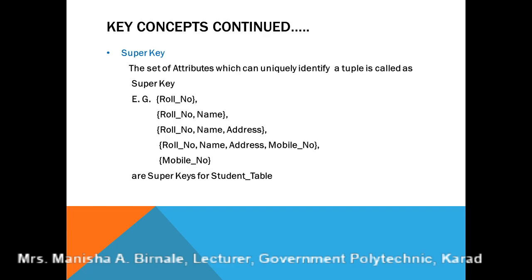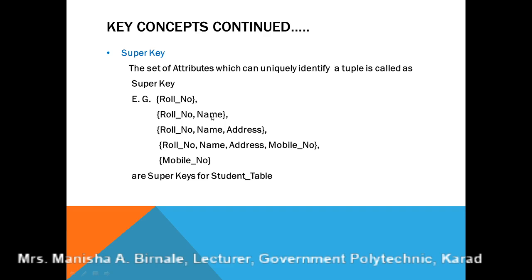So what is meant by an extraneous attribute? Here in the second super key, you can see roll number comma name. It is also a super key. But we know that only roll number is also a super key. So for identifying each record from the table, only roll number is sufficient. So here name is an extraneous attribute.